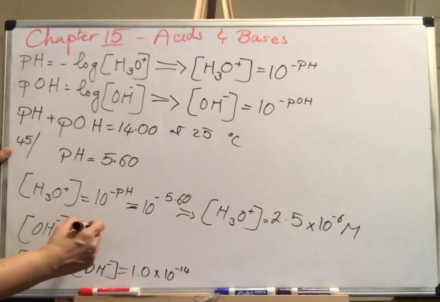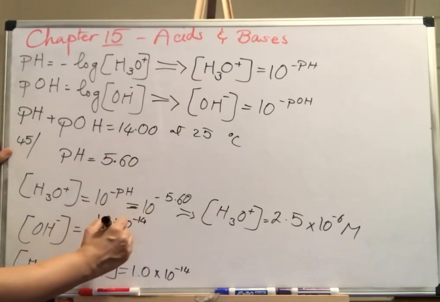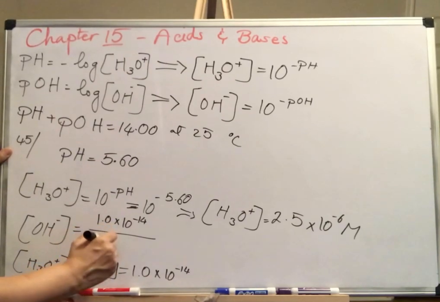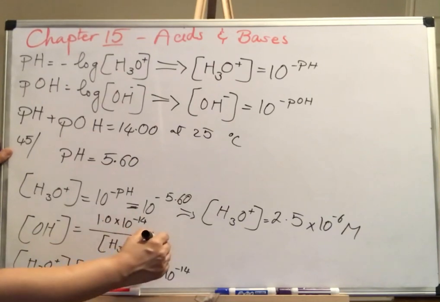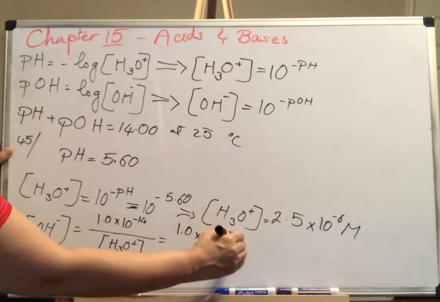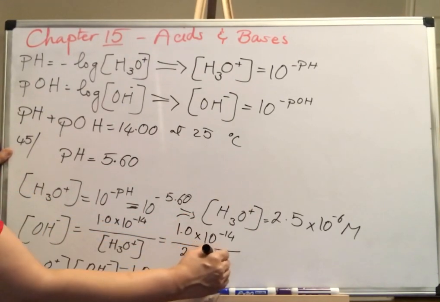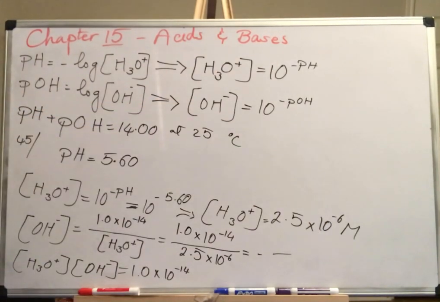So concentration of OH is 1 times 10 to negative 14 divided by concentration of H3O. So it would be 1 times 10 to negative 14 divided by 2.5 times 10 to negative 6, and I don't have a calculator with me. You will just plug it in and find it.